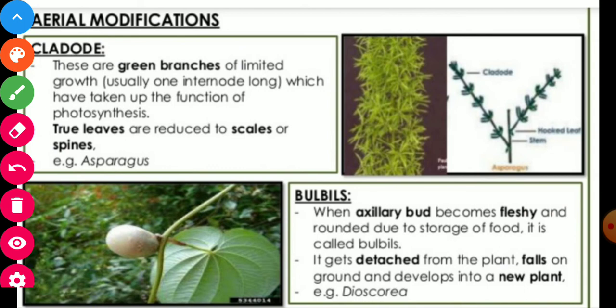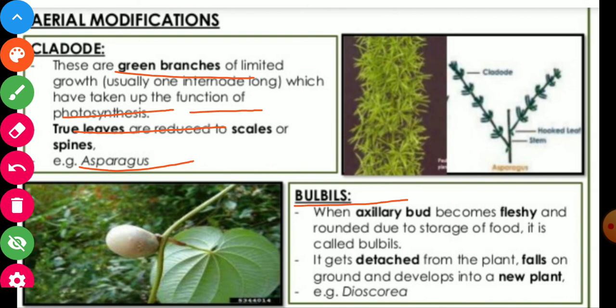Aerial modifications like cladode: these are green branches of limited growth which have taken up the structure of the organ of photosynthesis. True leaves are reduced to scales or spines, like asparagus.